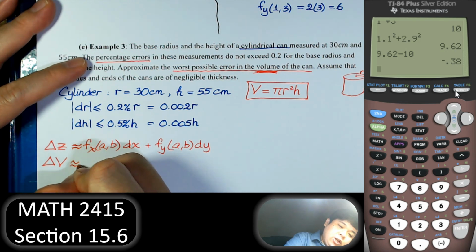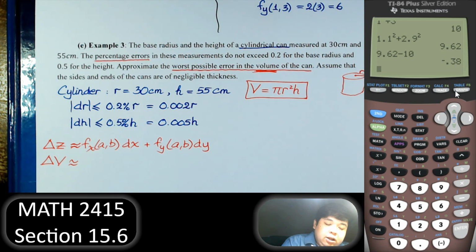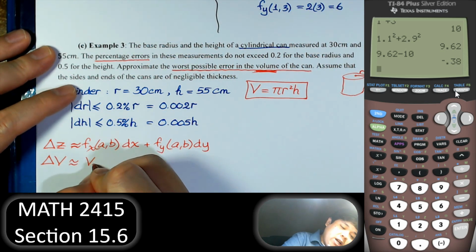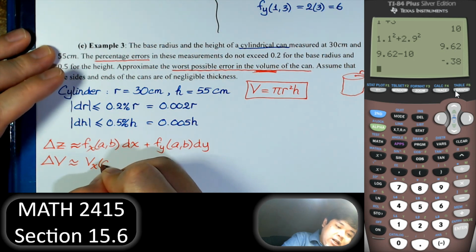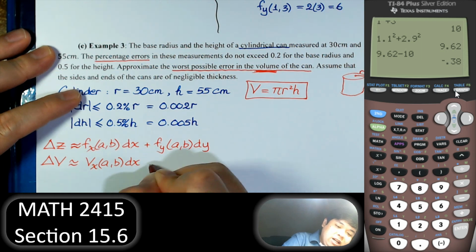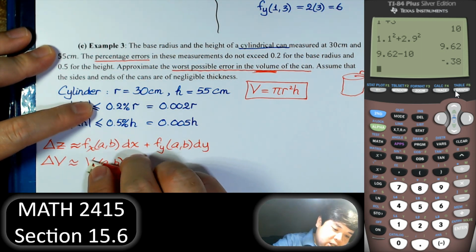Delta V equals... we're still using V here as the function with respect to x at a and b. Delta x, or dx. Instead of x, we use r, and instead of y, we use h.